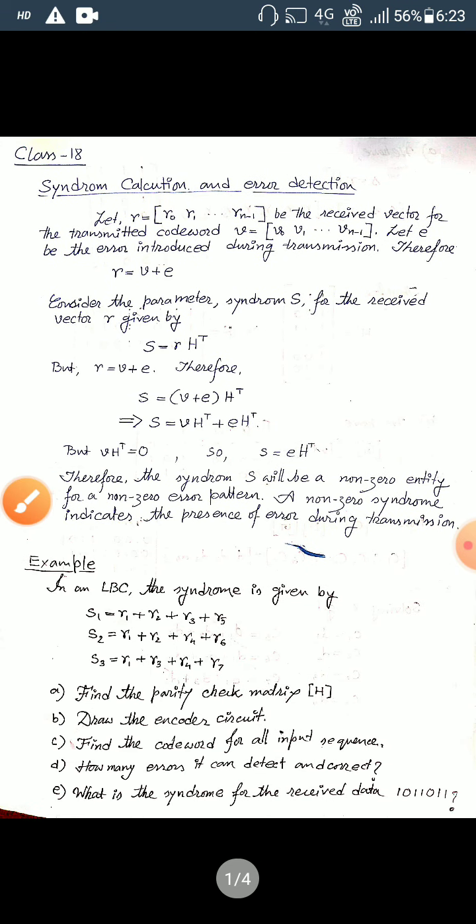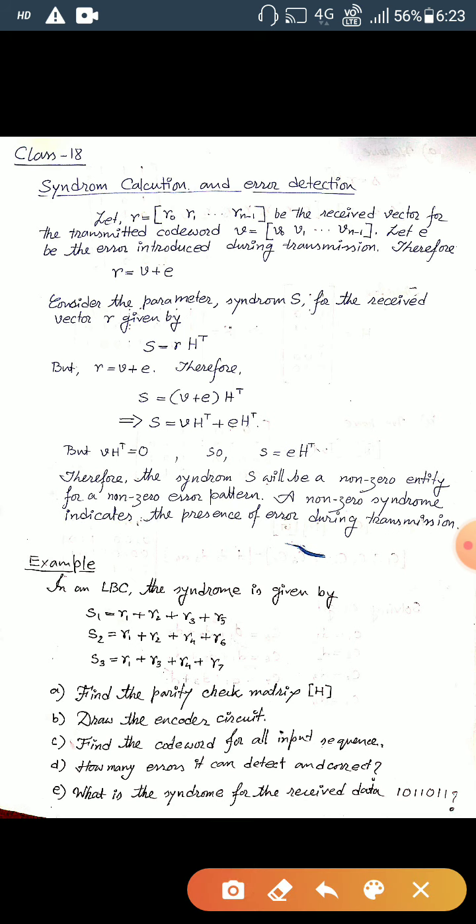You already know that S is equal to R H transpose. So from that information, you just apply the known data values. For the first case, S1 is equal to R1 plus R2 plus R3 plus R5. Which terms are not present in this case?